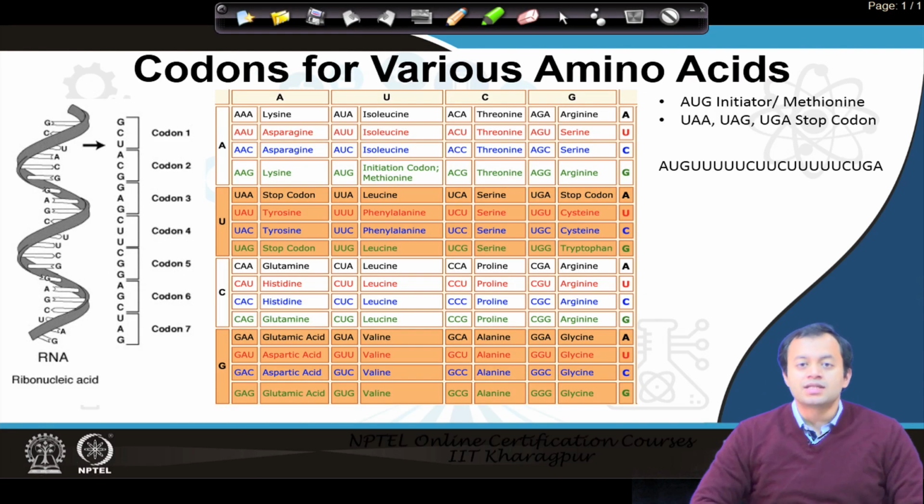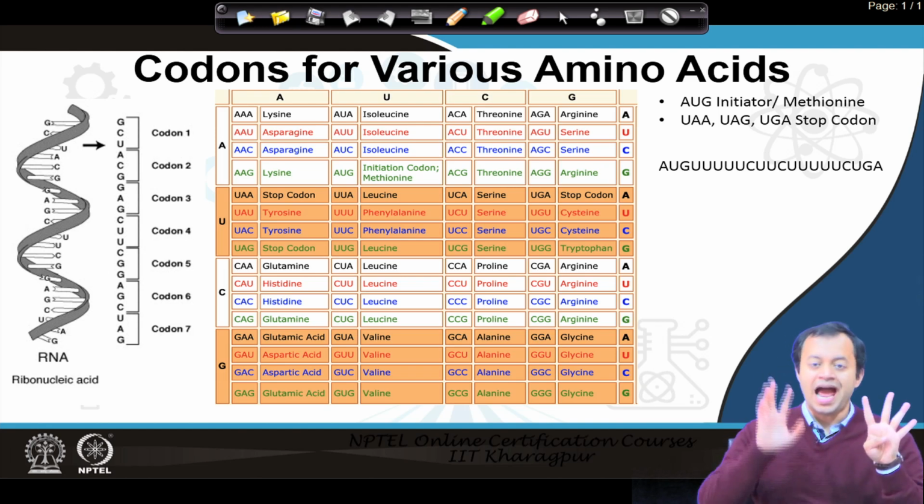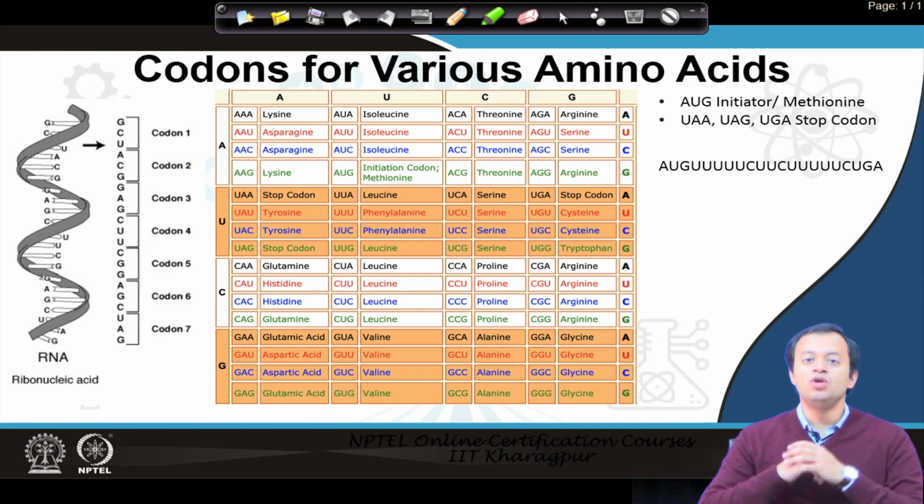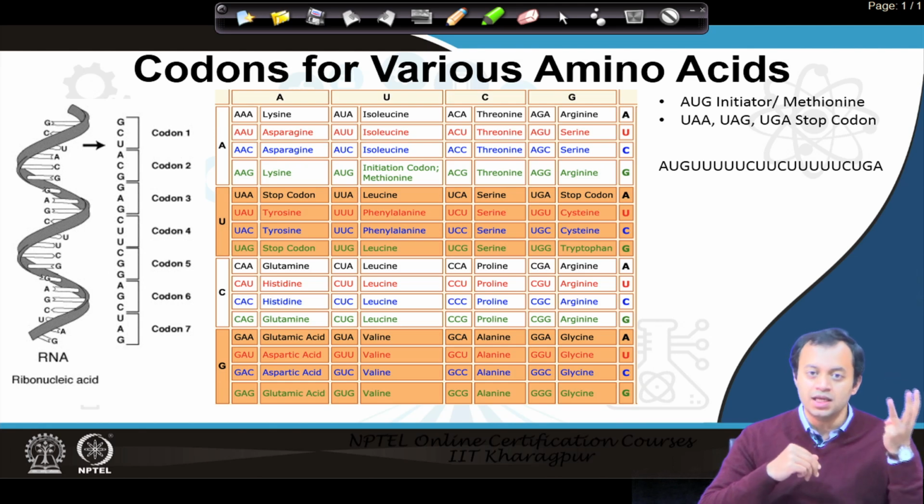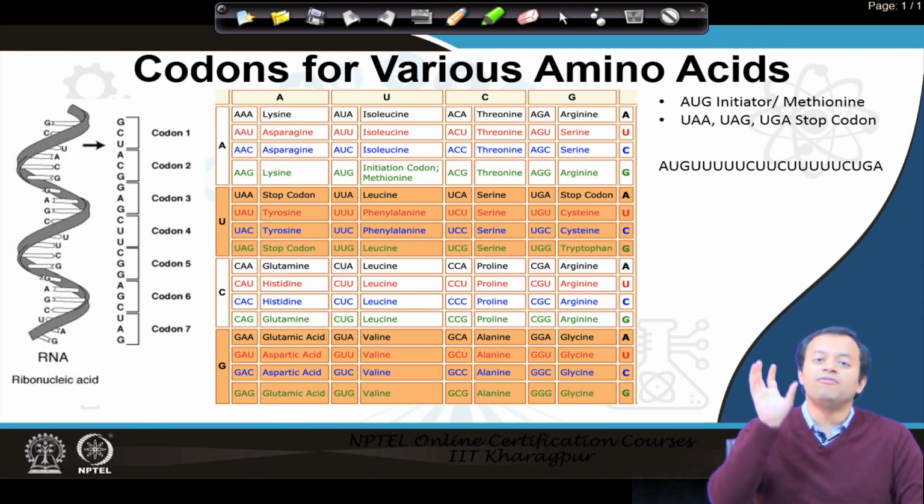So, just like the information was coded in bits of ones and zeros, it was a Russian American cosmologist called George Gamow who decided that if there are 4 bases and 20 amino acids, you require only 3 bases at a time to encode information, which is protein.